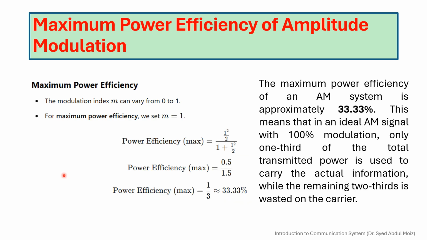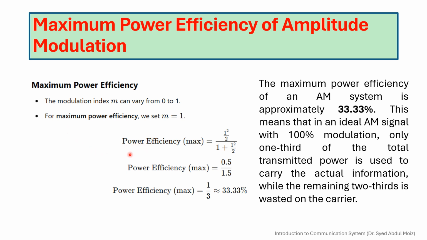Now we are interested in determining the maximum power efficiency of amplitude modulation. You know that the modulation index is a value from 0 to 1, and it can be greater than 1. But generally we do not prefer above 1, because after 1 distortion of the signal will start. So practically, for effective communication, the maximum value of m is equal to 1.